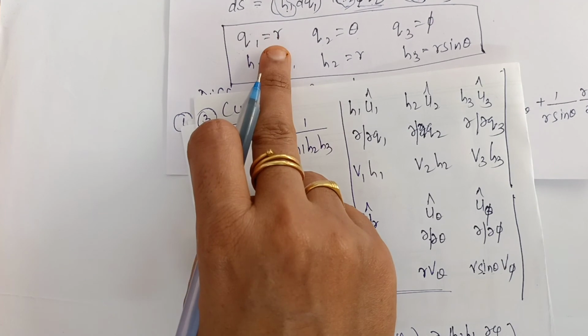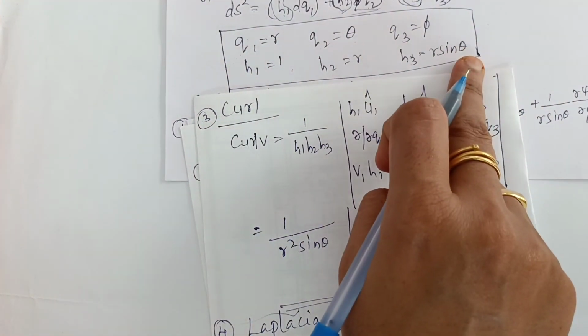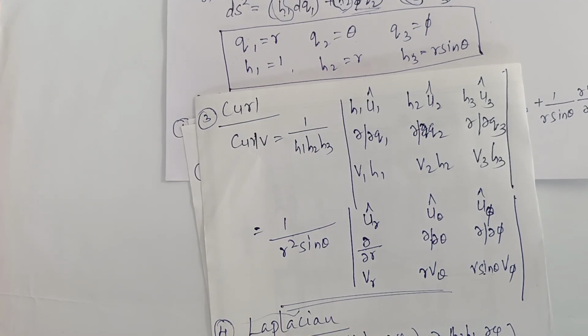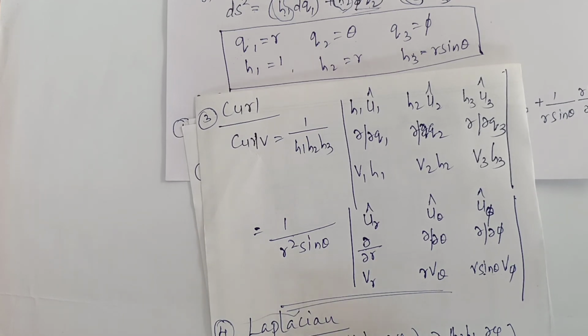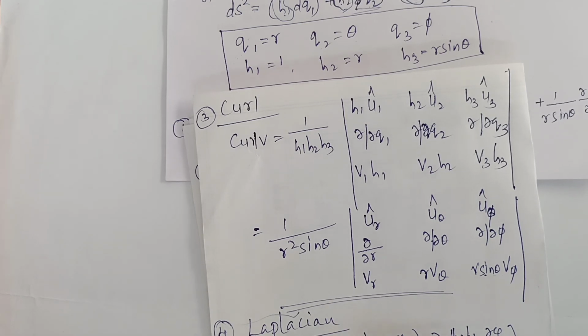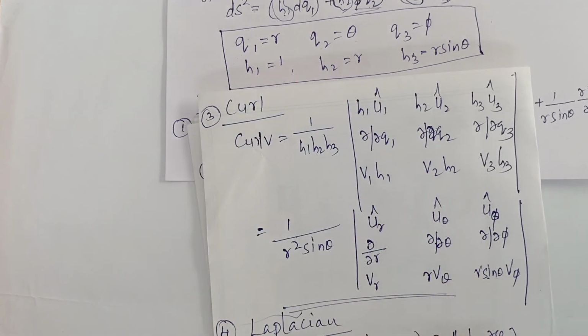Instead of Q1, Q2, Q3 we have R, theta and phi, H1 is 1, H2 is R and H3 is R sin theta. When we substitute, we get 1 by R square sin theta, dou by dou Q1. What is dou by dou Q1? It is dou by dou R. Now H2 and H3 are R and R sin theta, so it becomes R square sin theta, H1 is 1, so it is in the denominator.